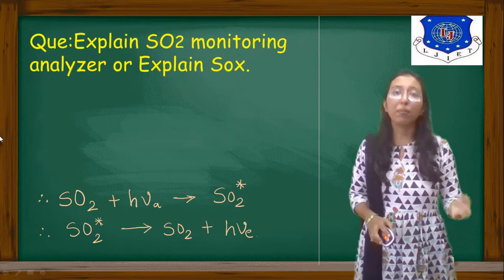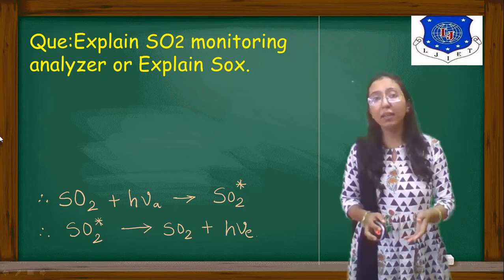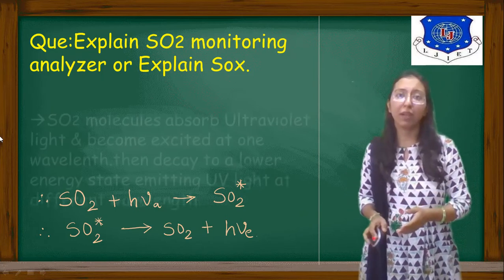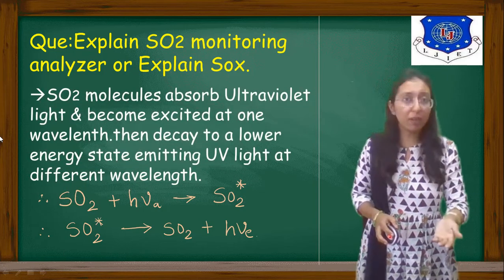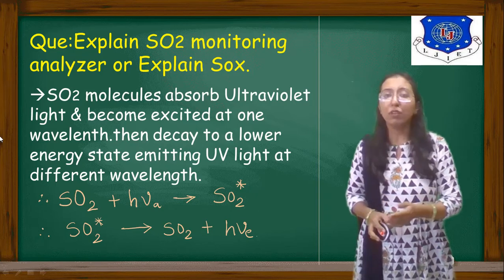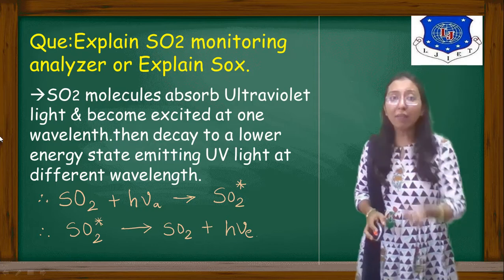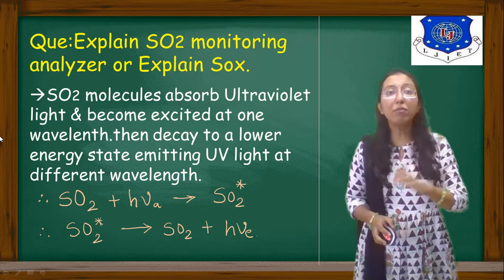Sometimes in GT, a question can be asked: explain the CO2 monitoring analyzer, or explain SOx, right? So here we can use the fluorescence method for measurement of SO2. SO2 molecules absorb ultraviolet light and become excited at one wavelength.